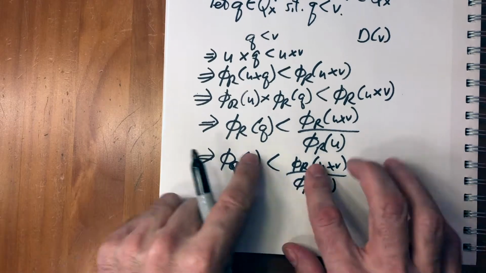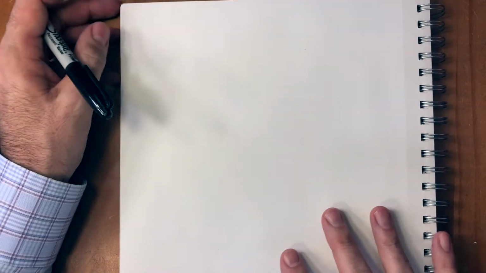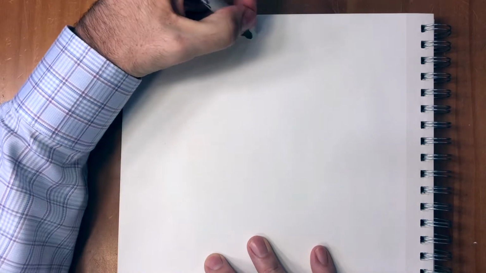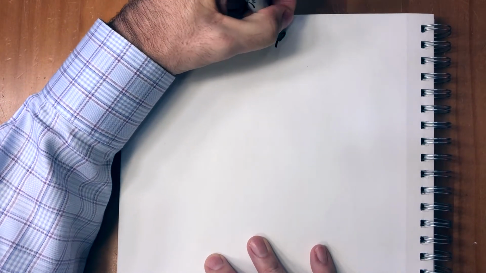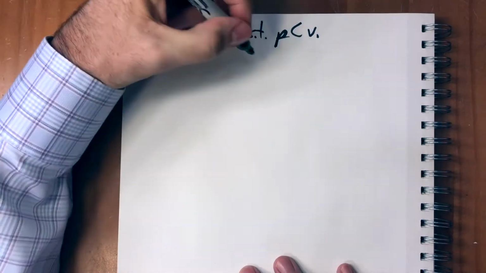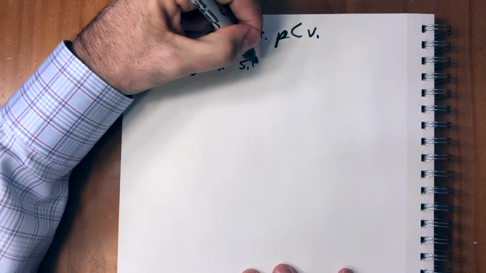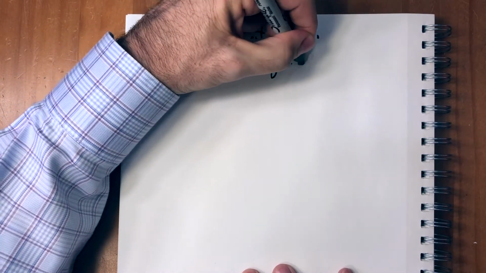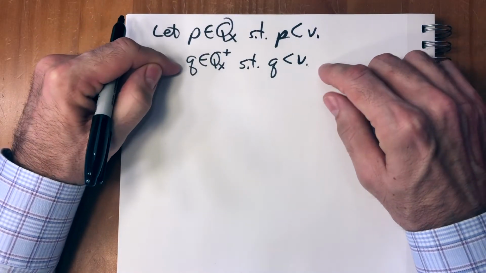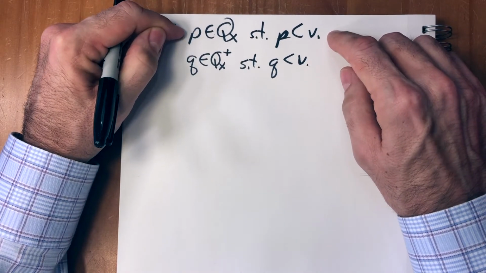Okay, now we're going to have to start dealing with Dedekind cuts. So let's go to a new page. And we're going to have to define something a little different here. So let p be an element of all the rationals such that p is less than v. So note that the set of q, an element of the positives, such that q is less than v, is a subset of the set of all of the rationals less than v.